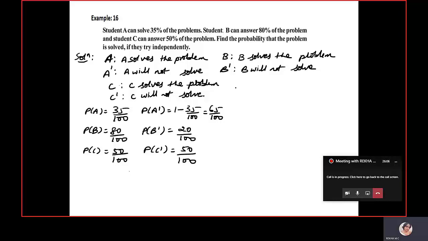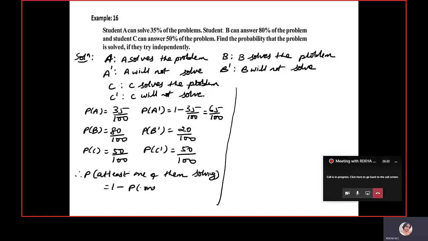So now the probability of solving at least one of them, the probability of at least one of them solving will be equal to 1 minus P of none of them solving.